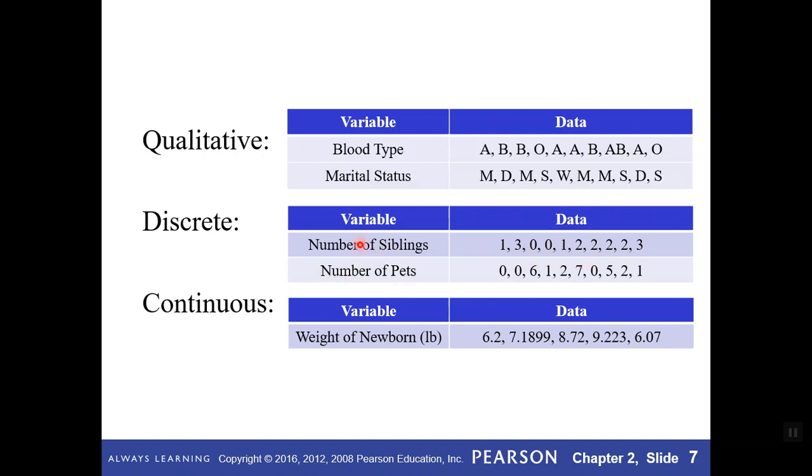And for the variable number of pets, again it should be a discrete value: 0, 1, 2, 3, 4, and so on. When we consider a continuous variable, let's say weight of a newborn, the data can be 6.7, 7.1, 8.72, something like that. Okay.